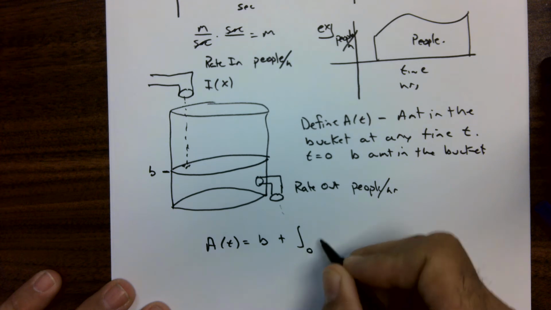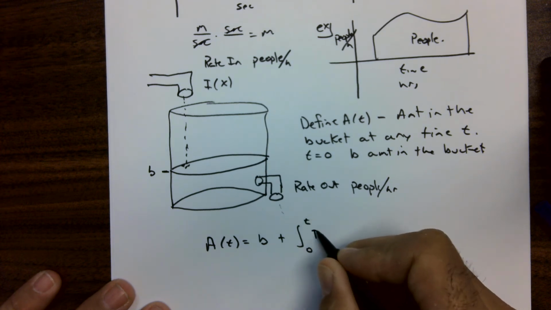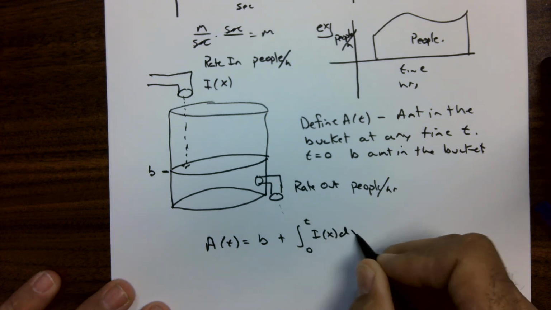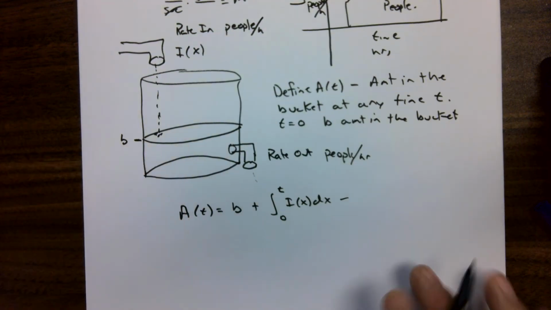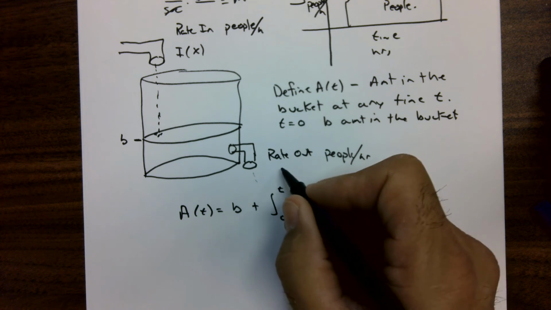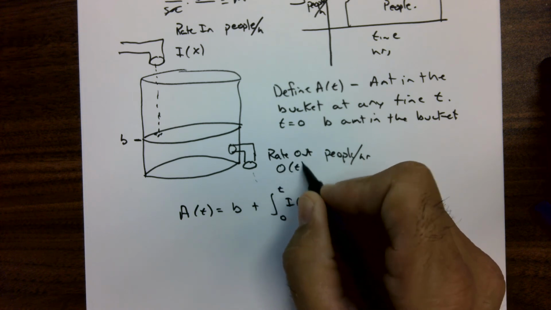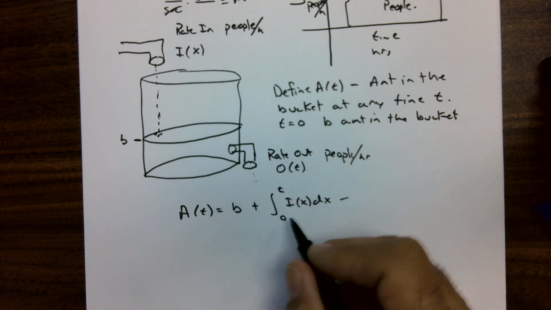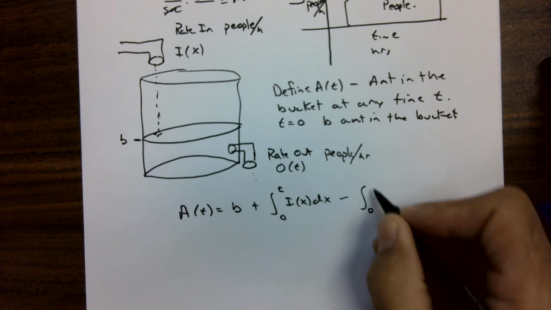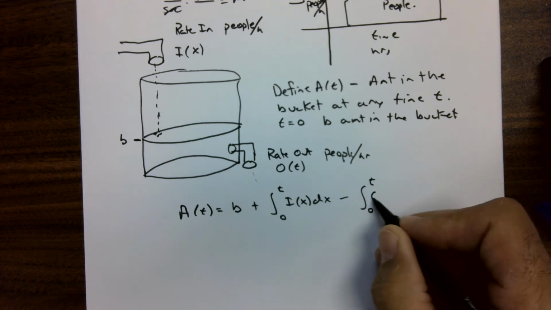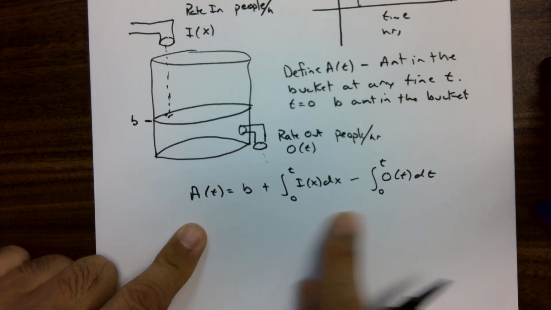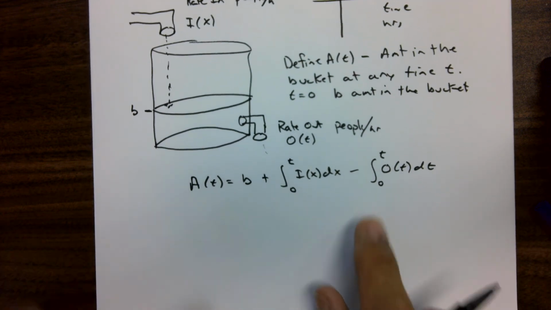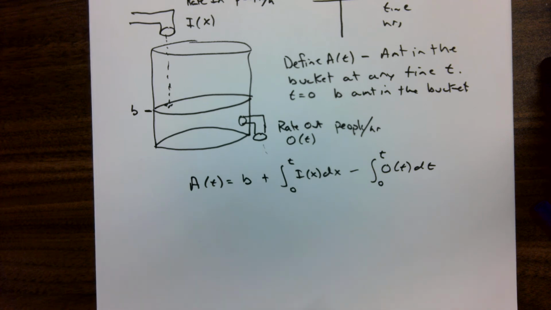So I'm going to integrate from 0 to t of I of x dx minus the stuff that comes out. And the stuff that comes out at that rate I'm going to define as O of t. And I'm going to subtract the integral from 0 to t of O of t dt. So this formula right here is going to be the amount at any time t.